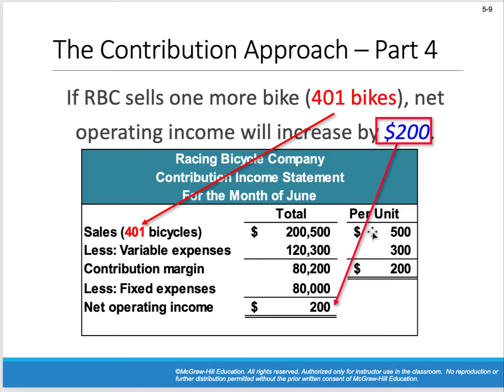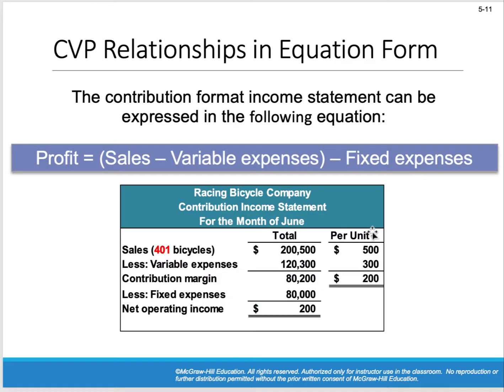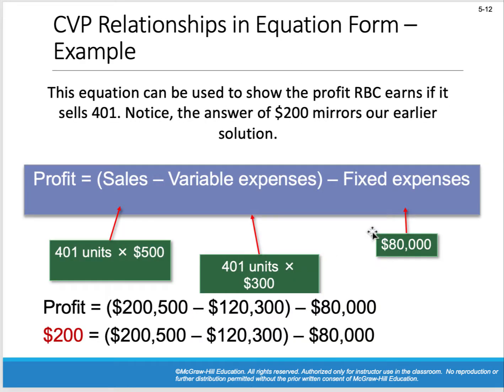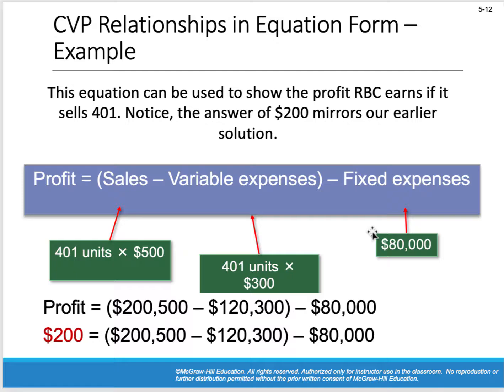We numerously defined contribution margin, so it's very important you understand what that contribution margin is, how it works, what it does, okay? We looked at a number of equations here. It's all the same equation, we're just refining it further and further, right? First, we said that the contribution formatted income statement can be expressed as an equation. Sales minus variable expenses minus our fixed expenses. That gives us our profit.